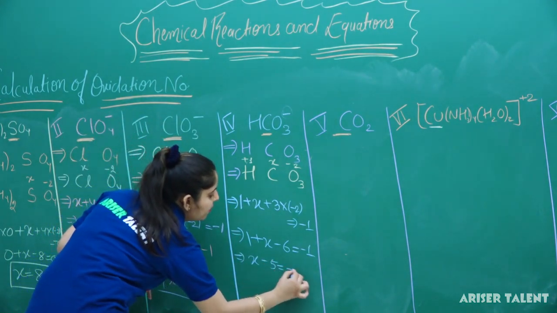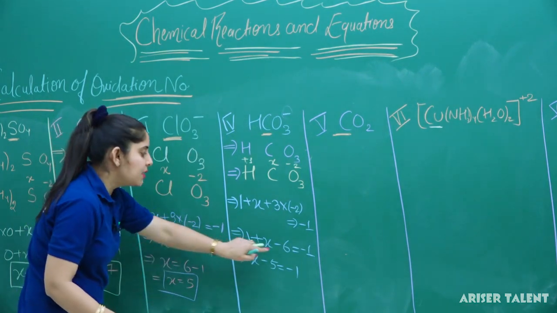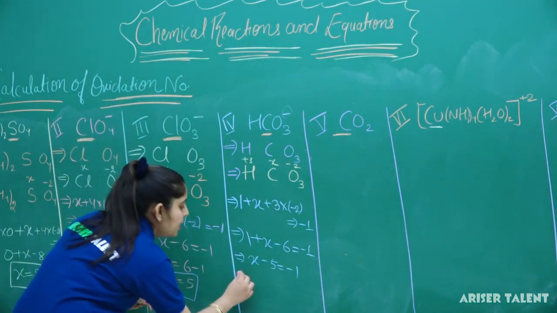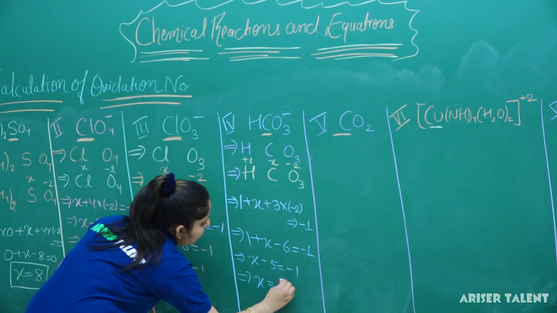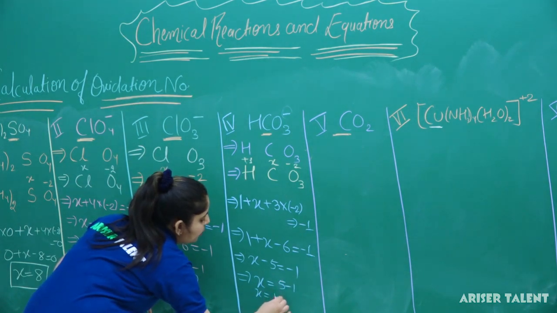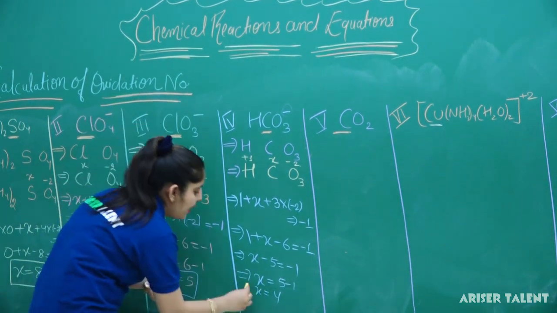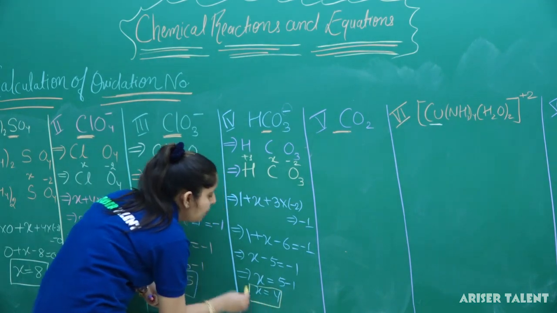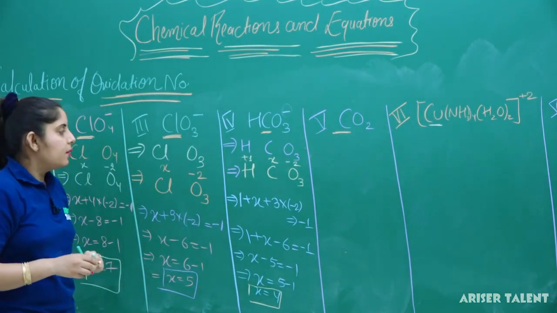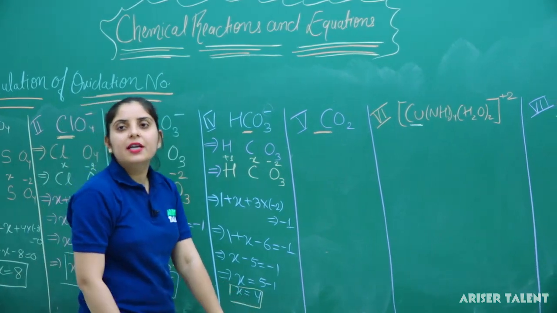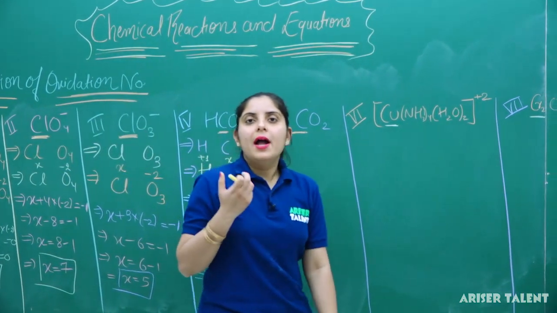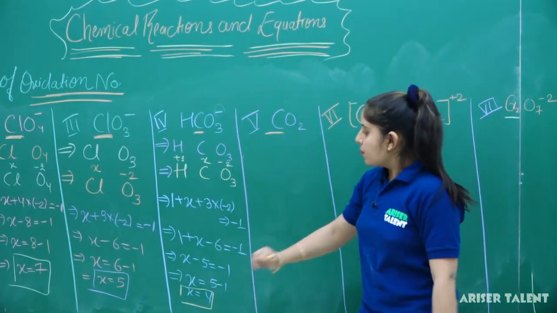X minus 5 equal to -1, because -6 plus 1 gives us -5. Now X is equal to 5 minus 1 and X is equal to 4. So the oxidation state of carbon in case of hydrogen carbonate will be 4.